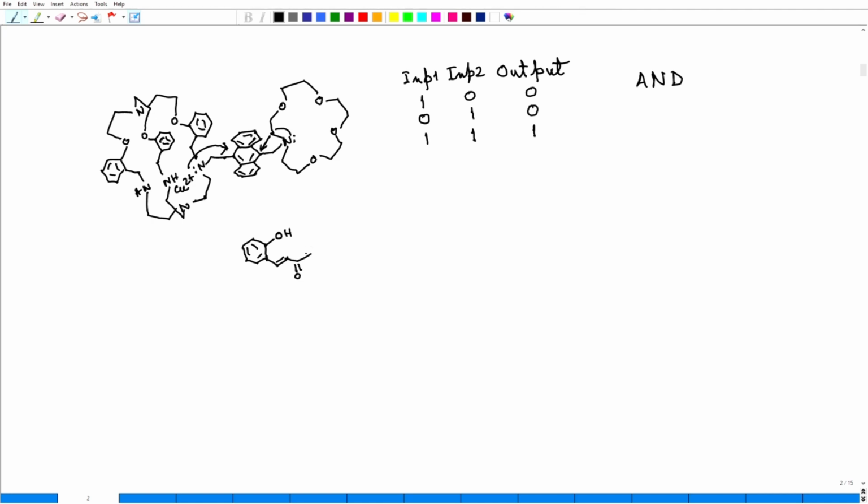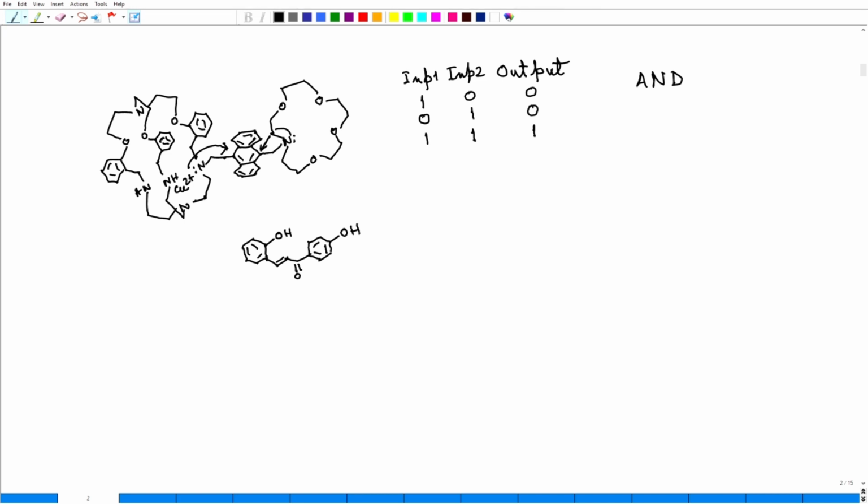If you design your own compound, it will be really interesting. Out of that, AND logic is not a very difficult thing to have. Okay. So, this is my compound.